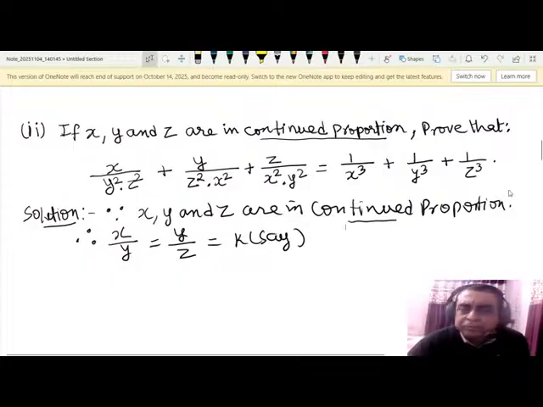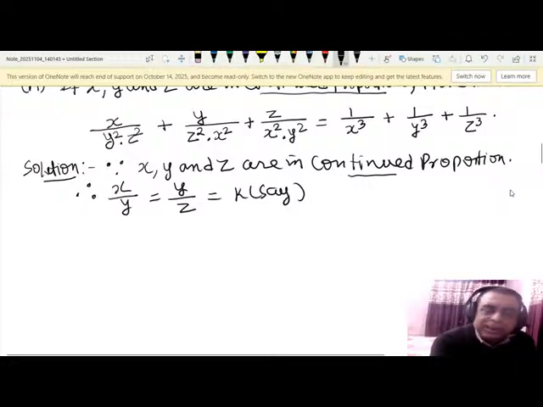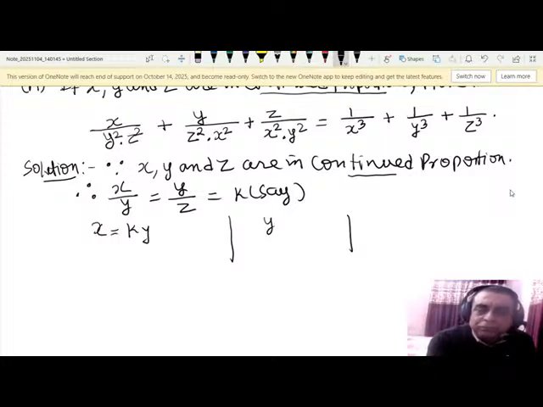Now we will express all the three terms x, y, and z in any one. So here you pay attention. The x value will be k times y, and the y value will be k times z.